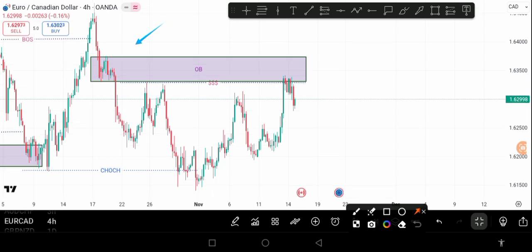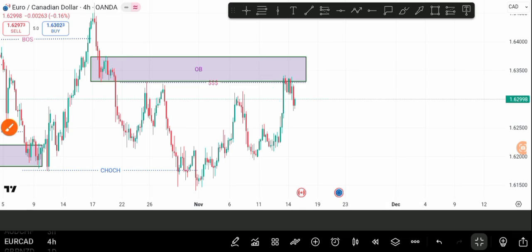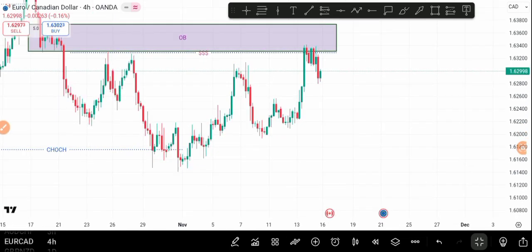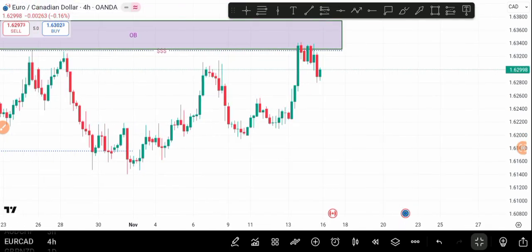I believe this is some inducement too. So I'll wait for the price to go up, tap into this order block at this point, and then I will look for sales after the change of character. So now I want to check if there's a valid change of character.